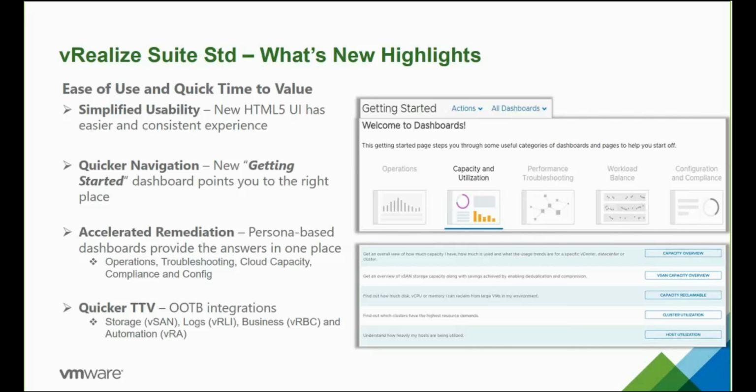Some of those user categories are around operations, the people who manage capacity, the people who manage security, compliance, and config, etc. So you would see a sense of role-based content, which, in my opinion, makes sense, because if I am an administrator responsible for troubleshooting, I might not want to go through 20 different screens to get to the point where I want to, and hence it's important that I'm pointed to what is made for me, and that's what you would see in 6.6.